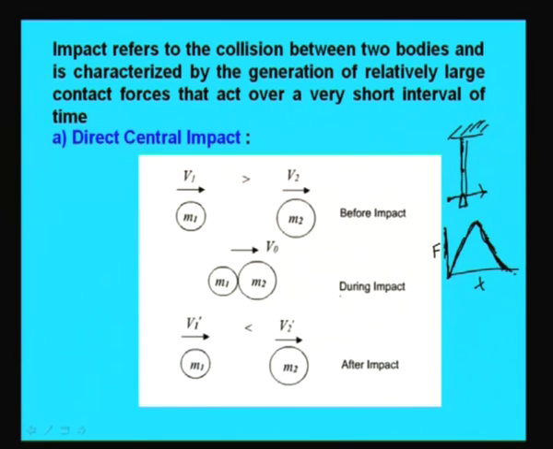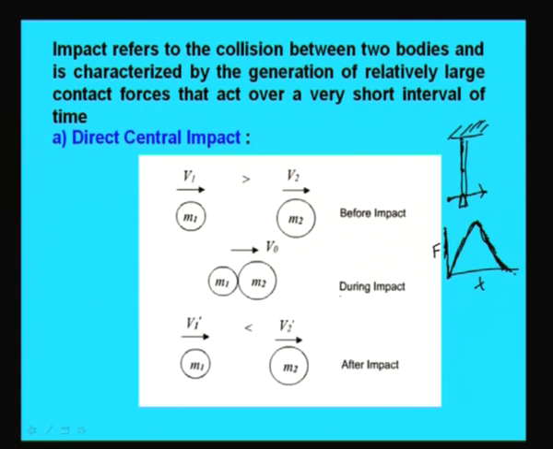So in all situations, when two bodies collide and one body is moving with greater velocity and contacts the other body, then after impact when they separate, the velocity of the first body, which was more, will necessarily be less, and the other body's velocity will be more.